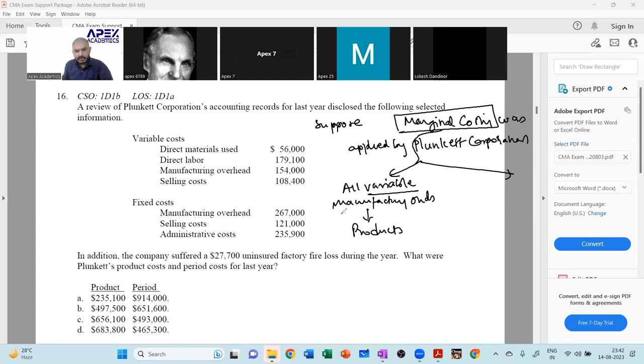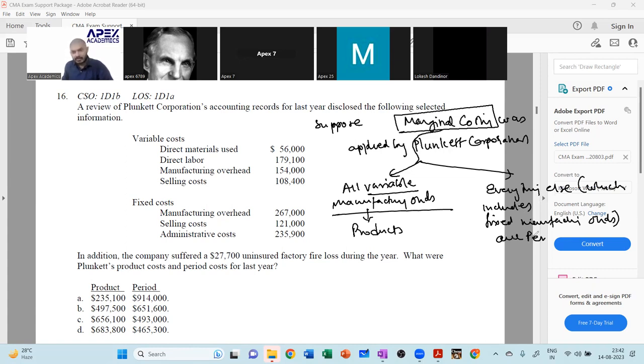Apart from all variable manufacturing overheads, everything else, which includes fixed manufacturing overheads as well, are period costs. So all variable manufacturing overheads are product costs, and everything else is a period cost.